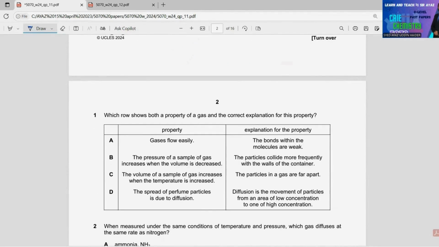Here's question number 1. Which row shows both a property of a gas and the correct explanation for this property? A. Gases flow easily. The explanation: the bonds within the molecules are weak.